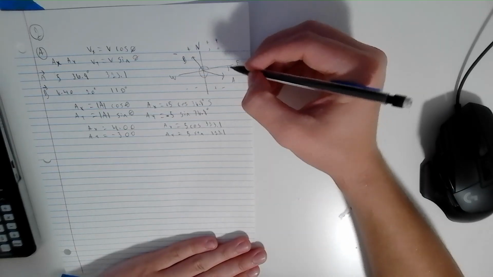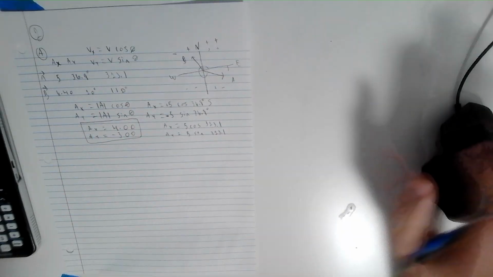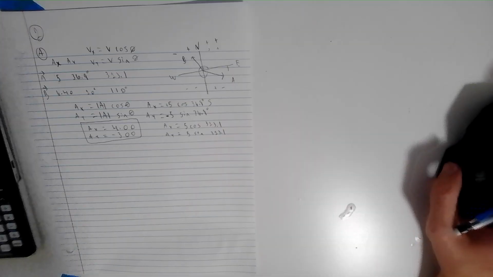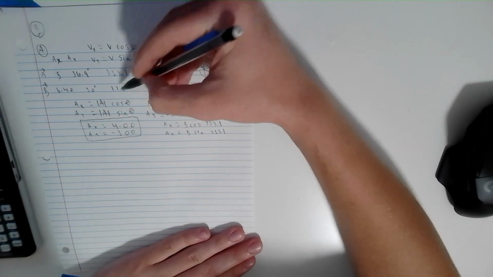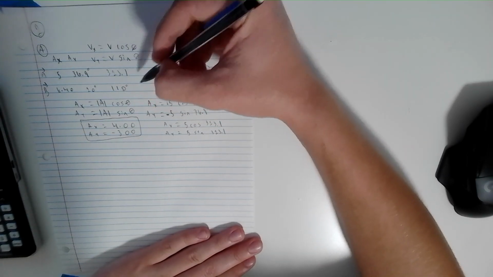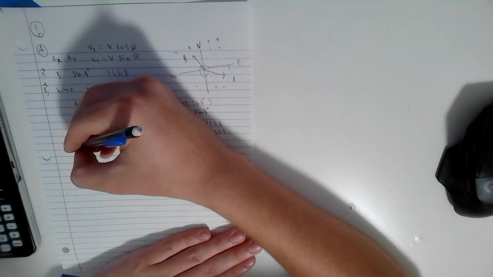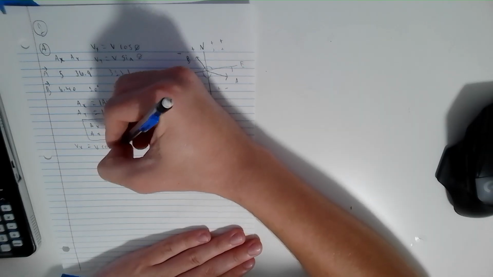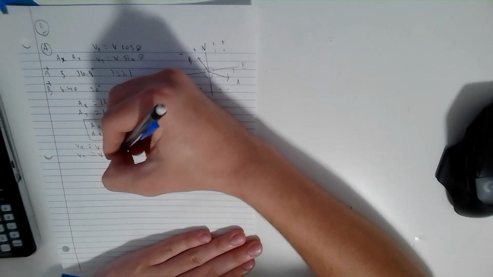And yeah, so that's how to find the different component forms of a vector. And so now we'll go to part B. So part B says find the components of vector B. Okay, so we got vector B, it's over here. We know the true angle is 110 degrees, and so we can just plug it into this same formula, v of x equals v cosine theta, and v of y equals v sine theta.